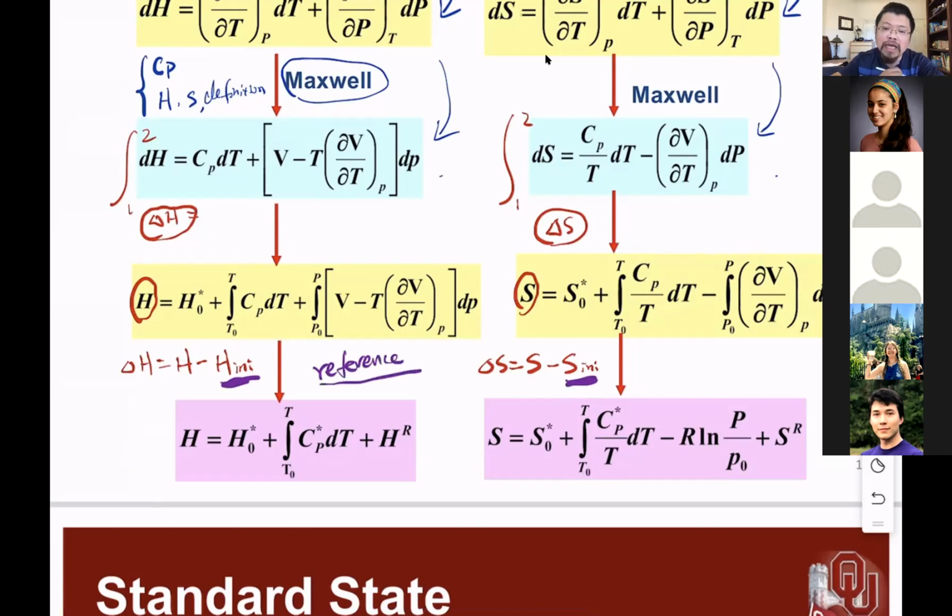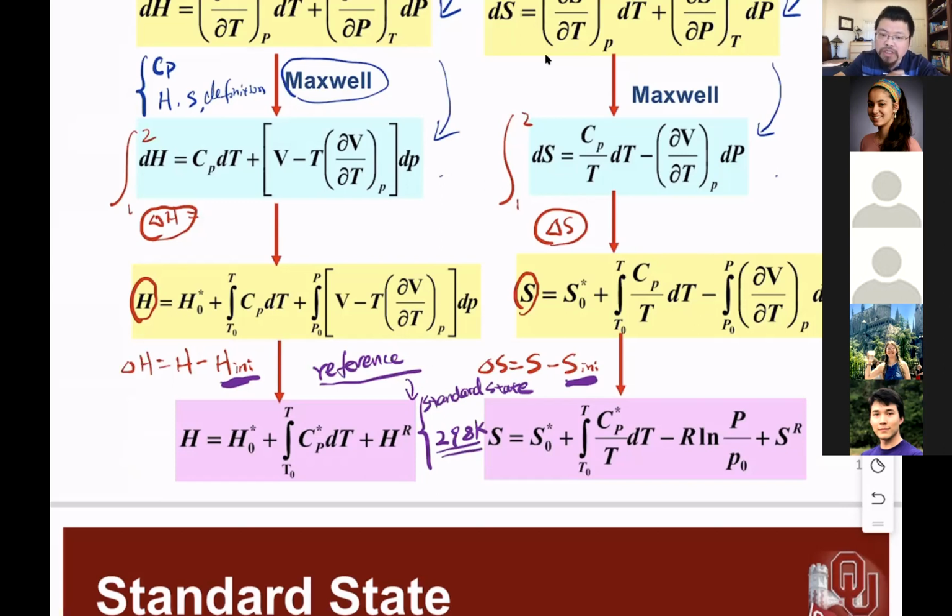And we hope that at the reference condition, we have lots of data. We have the table, we have the appendix, we have the measurements available to use. So far, we've talked about this type of reference state. I hope you now recall the standard state. And I also hope you recall the troubles we had in chapter 4. There we have this special temperature.